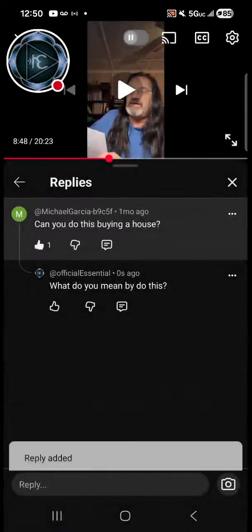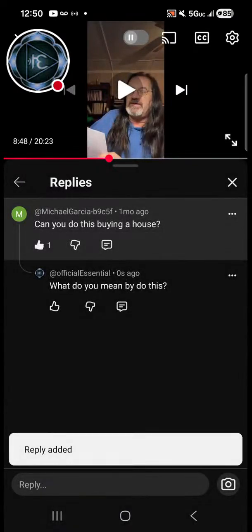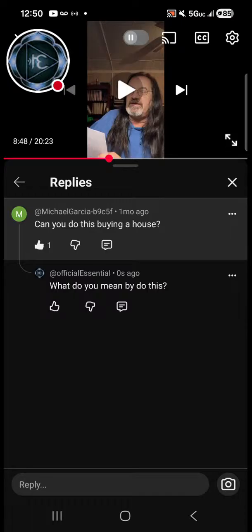Okay, and now I'm going to explain to you why I asked them that question. Because it's an open-ended question. What do you mean by do this? You mean process these forms? Well, if you're not understanding that there's other things and other documentations involved, then this refers to only filling out these documents.